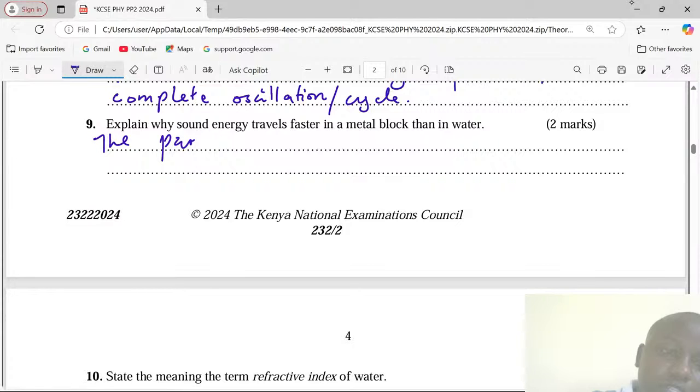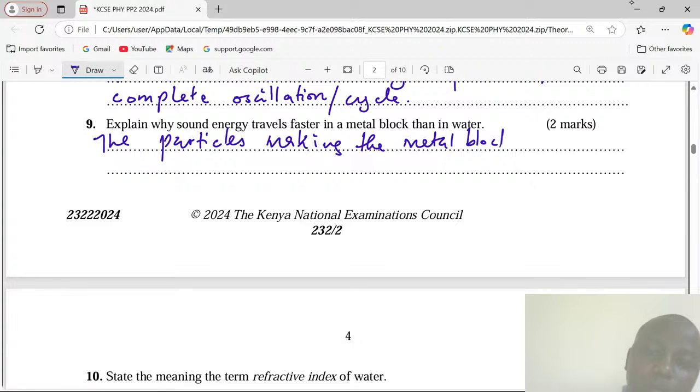The particles making up the metal block are closely packed.